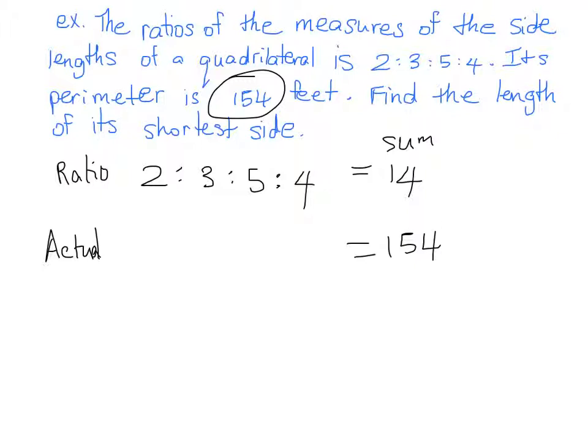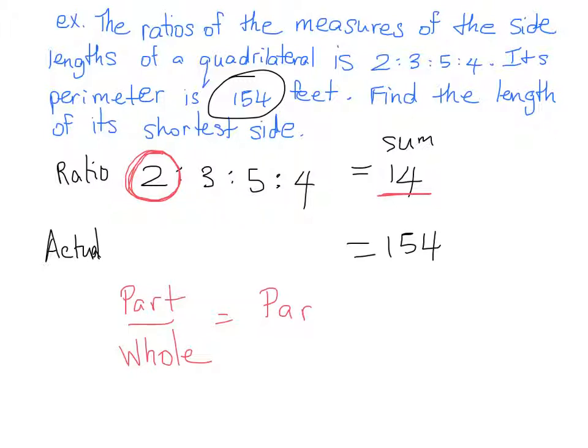We are being asked in this question to find the shortest side, so the side related to that 2. We can set up a ratio where we're putting part over whole, and that will be equal to part over whole. What do I mean by this? The ratio part over whole is just a reduced version of the actual part over whole.